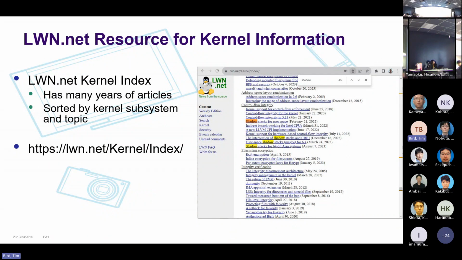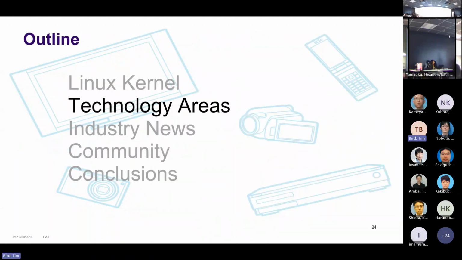This is an excellent resource for finding information about any particular kernel technology, especially the new ones that crop up. You can see I did a search and got some hits on shadow stack, and so you can really figure out what's going on with a system because of the good reporting there and the articles that are written.